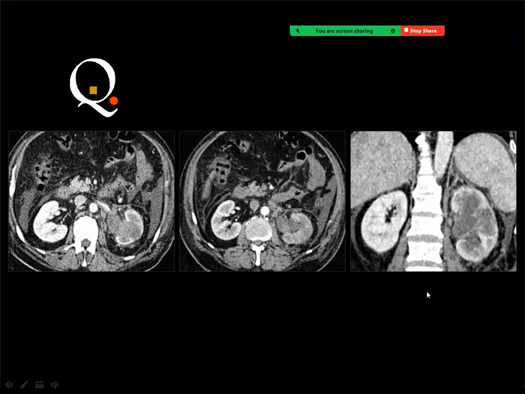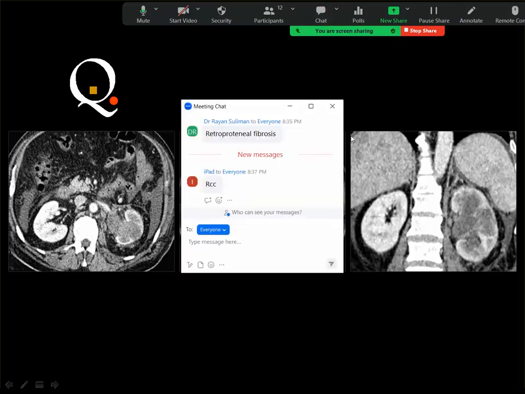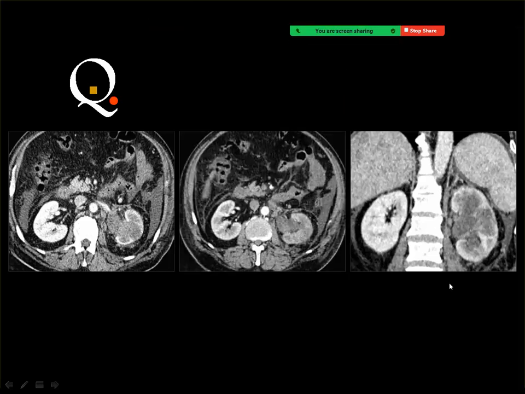Okay, and you can see here that the pelvicalyceal system is occupied by an enhancing soft tissue mass, which is occupying the renal pelvis as well as the calyces.